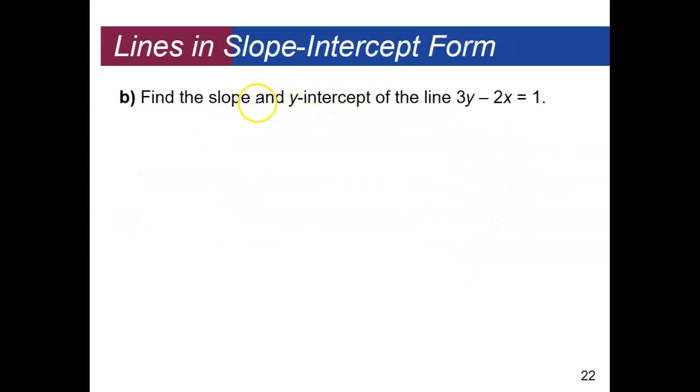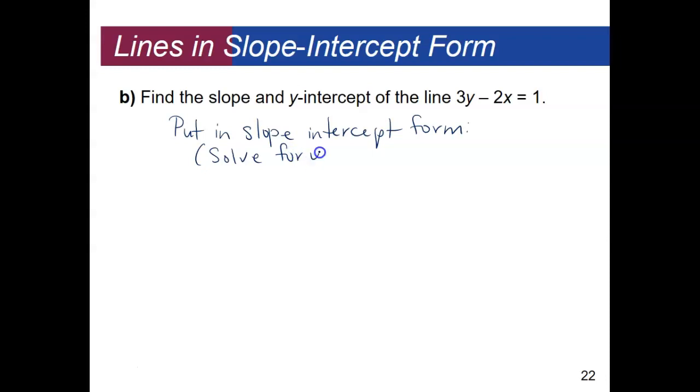Okay, here we want to find the slope and the y-intercept of this particular line. In order to put this in slope-intercept form, which is going to be the easier form to use to find these things, we need to solve it for y. So we're going to put this in slope-intercept form by solving for y. I've got 3y - 2x = 1.